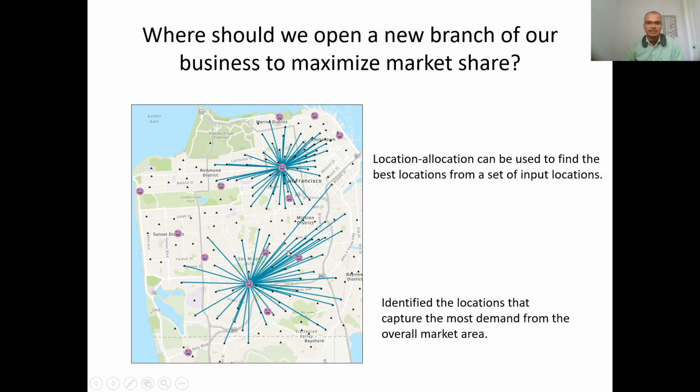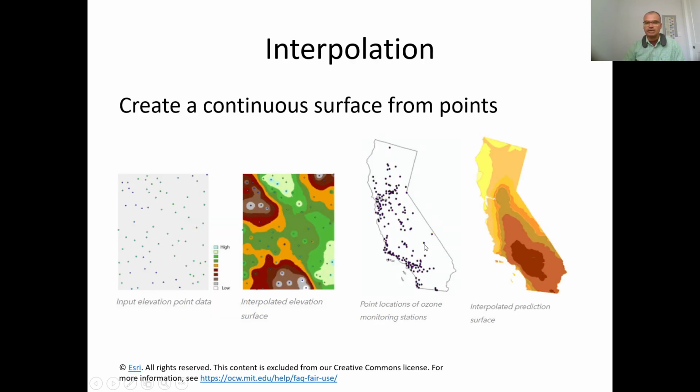Say, for example, these are all the existing supermarkets, and new supermarkets can be located here and here based on the consumer availability or consumers' locations and their choice of preference. So you can identify the locations that capture most demand from the overall market area.